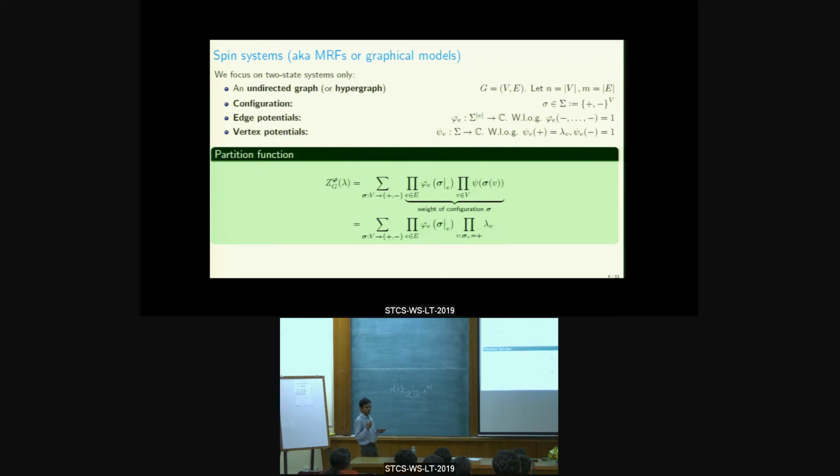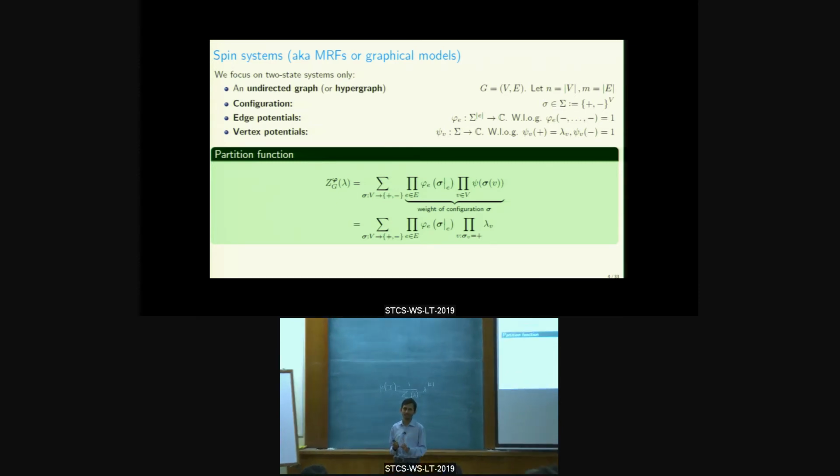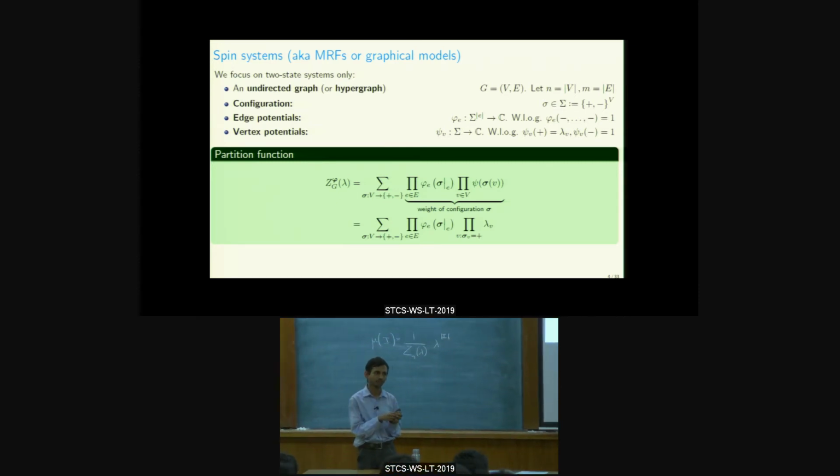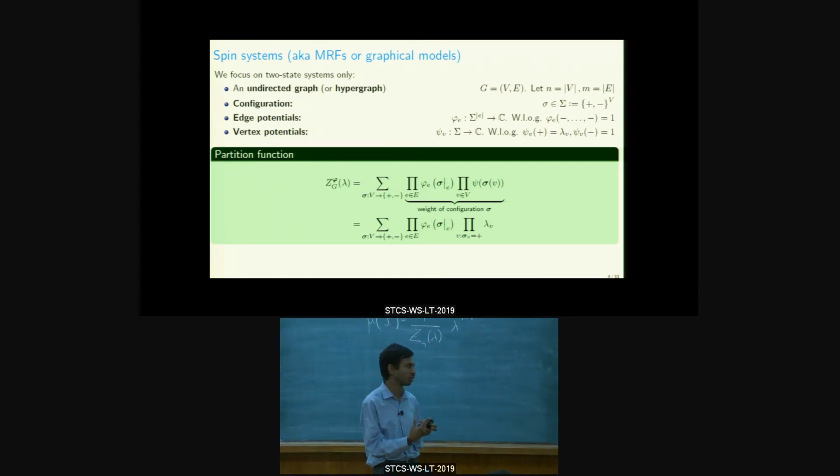More generally, one could have bigger such models. You could have a graph or even a hypergraph. In a graph, each edge encompasses just 2 vertices. You can encompass more vertices, and that would be a hypergraph, with some number of vertices and hyperedges. We'll always be looking at binary configurations, which are plus or minus. We can have arbitrary edge potentials, so for each edge, we can say what weight we'll put if the vertices in the edge have a certain configuration.